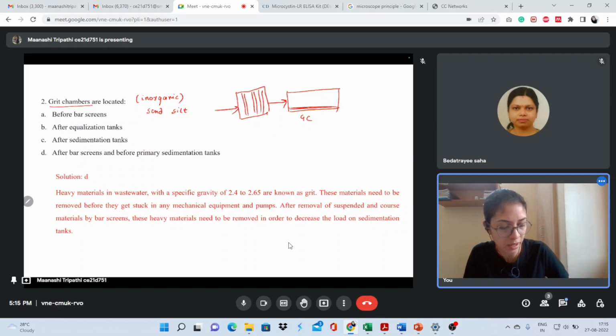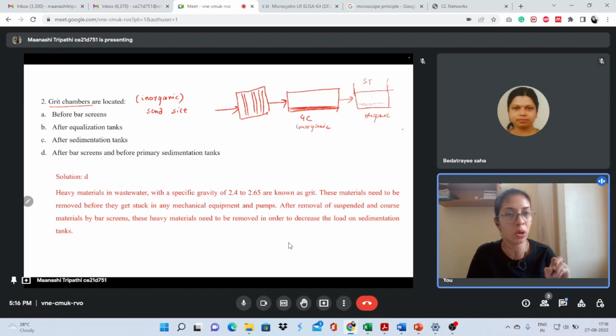Water will pass and these things will be settled here. Then after that we will go to the sedimentation tank. We discussed the sedimentation tank problem in question number 1. Here things will settle down again, but here a few organic things will be settled down. This is the sedimentation tank where organic things settle down, and here inorganic things.